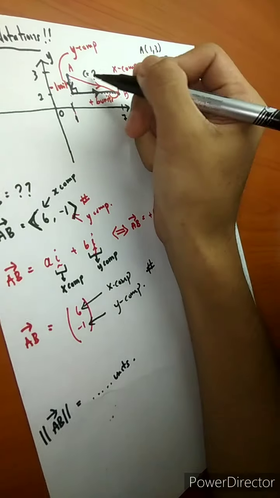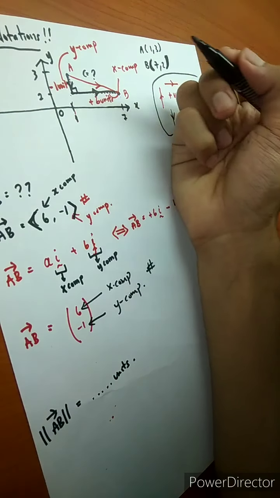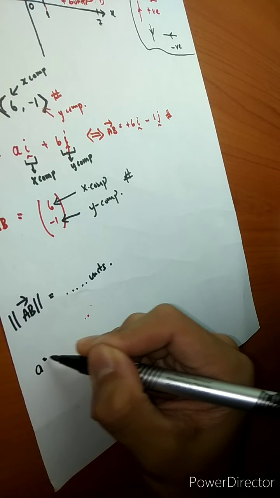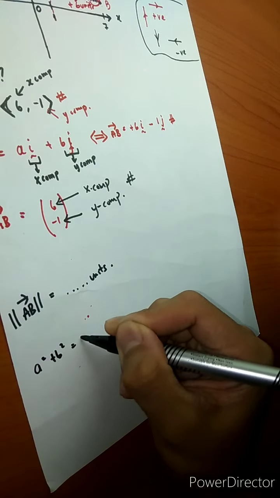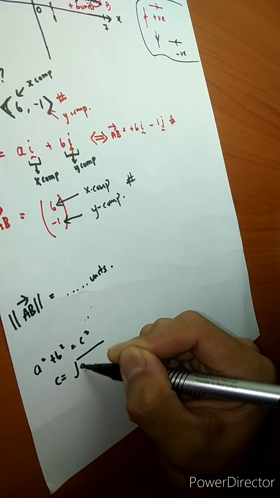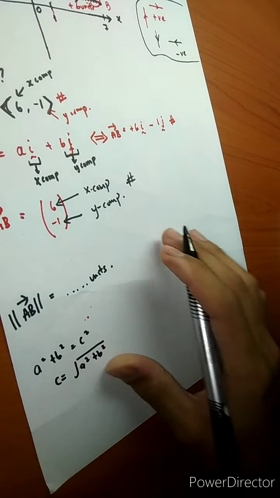So how to find c? C is basically the hypotenuse, and we can use the formula a squared plus b squared equals c squared, so c equals the square root of a squared plus b squared.